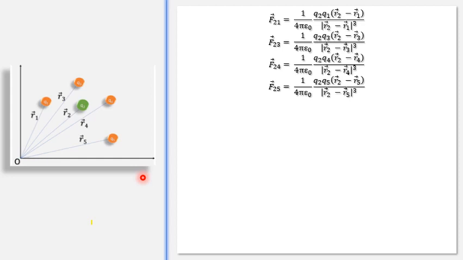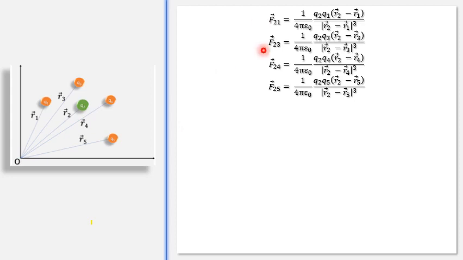But what is the resultant force acting on second charge? So superposition principle says that when you have more than one force acting on the given charge, to find out resultant force, take vector sum of forces due to individual charge. What is F21? Force on 2 due to individual charge Q1. What is F23?